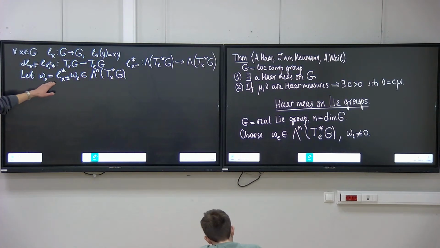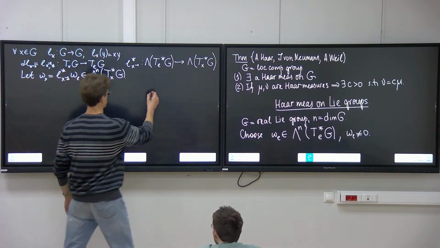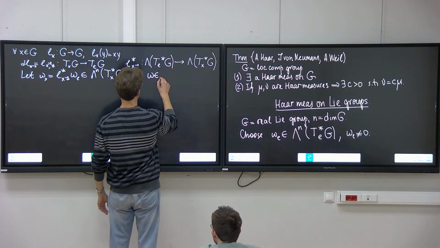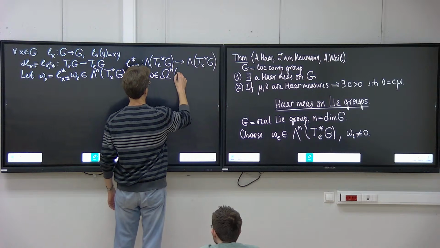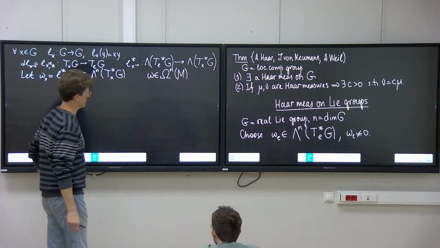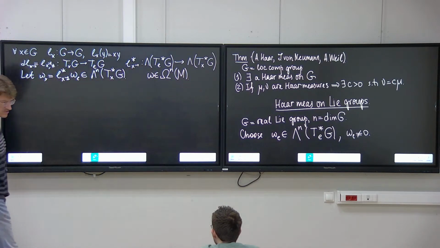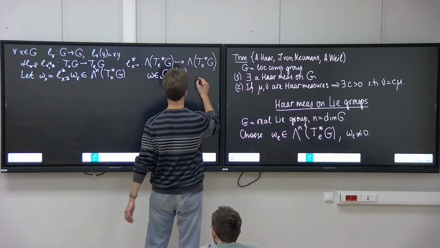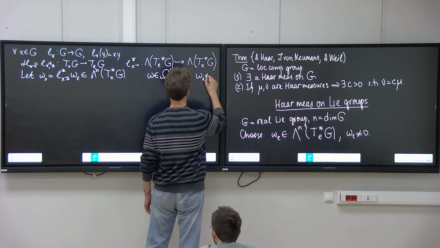Well, since this map depends smoothly on x, what we get is actually a differential form, omega, of higher degree. Moreover, omega x is non-zero for every x.